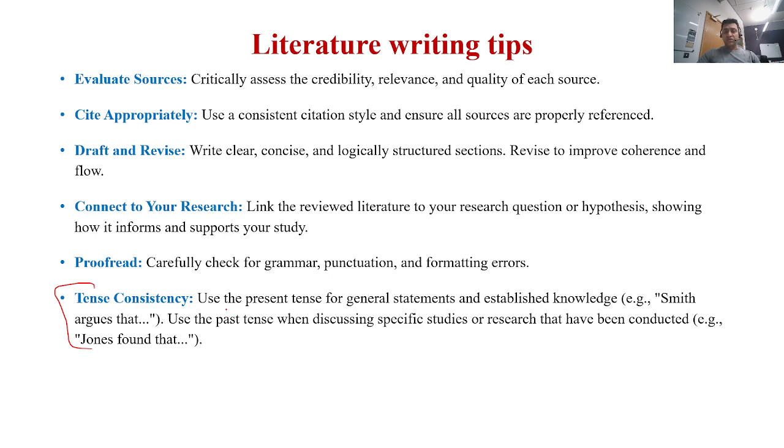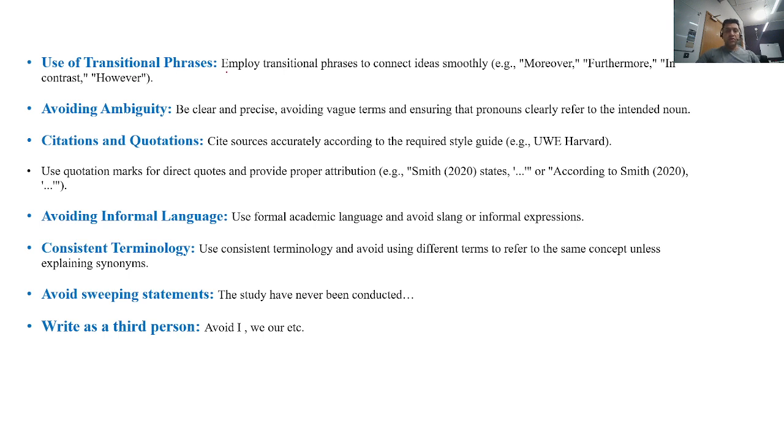in a literature review, most of the time you use past tense. For example, saying Smith argued, and then at another point you're saying John argues. So make sure you're using a consistent method of writing so it doesn't look informal. Then use transitional phrases, which are moreover, furthermore, in contrast to, however.